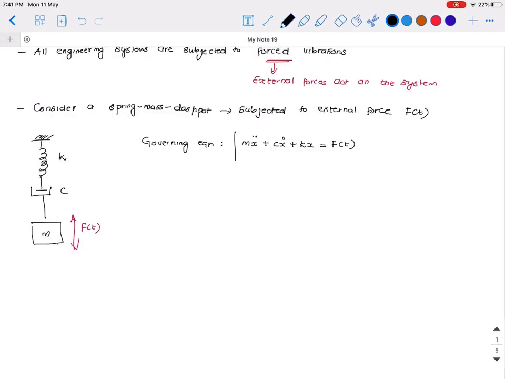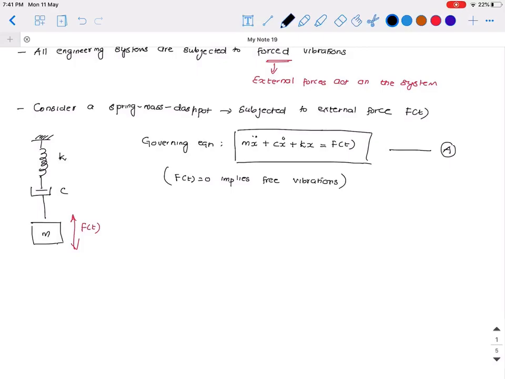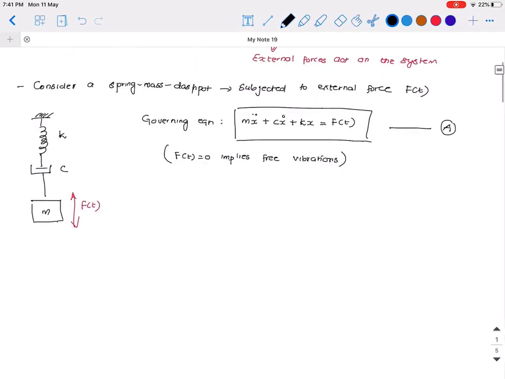That is the governing equation for forced vibration, and F of t equal to 0 implies free vibrations. That is very obvious.